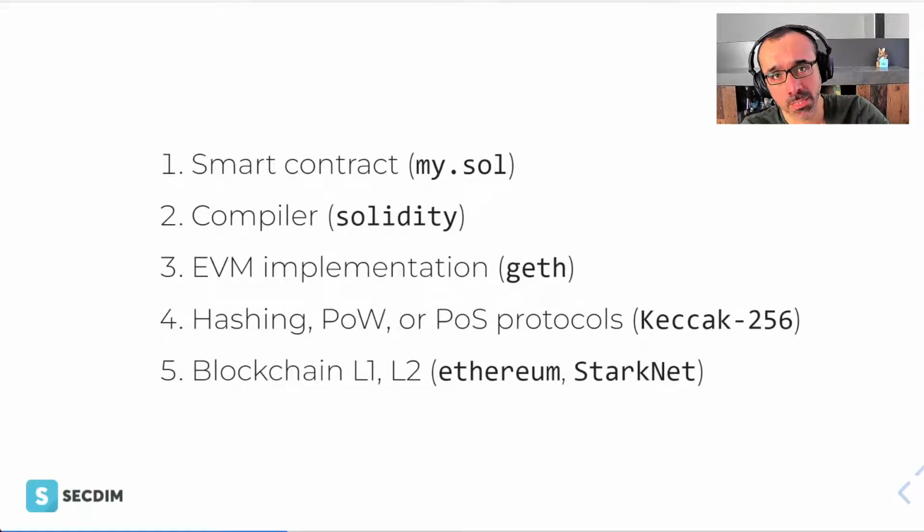The compiler that will compile that code to the EVM bytecode could have a vulnerability, for example, Solidity. The implementation of the EVM may have some issues, like the nodes, that machine, the implementation of the protocol. And obviously, all the other protocols, the hashing algorithm, there are so many other protocols that I didn't cover here. The protocol itself may have the issue.